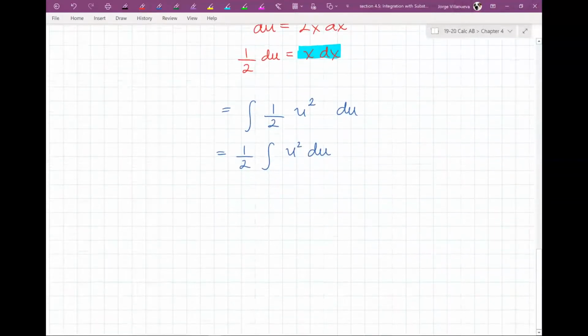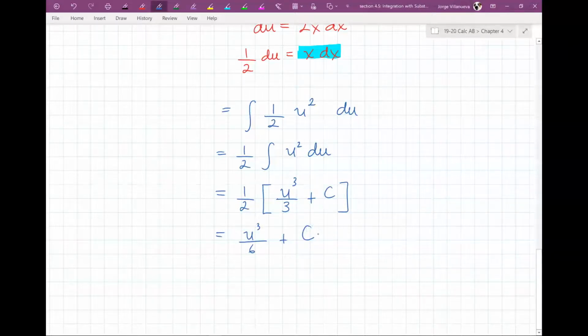So what's the integral of u squared? u to the third over 3 plus c. Now distribute that half, so this becomes u to the third over 6 plus c. Remember, a constant times another constant is just a constant.